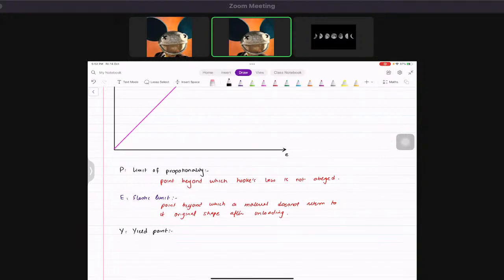Now, yield point basically is a point beyond which the material undergoes a sudden increase in extension as its atomic structure is reorganized.